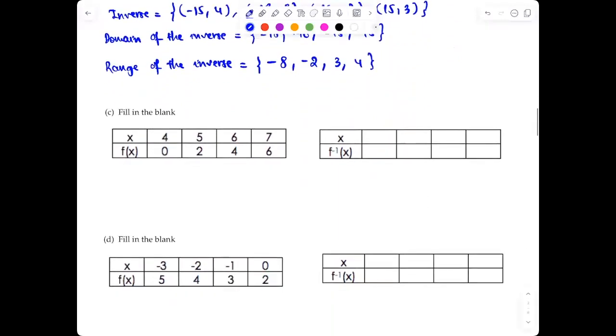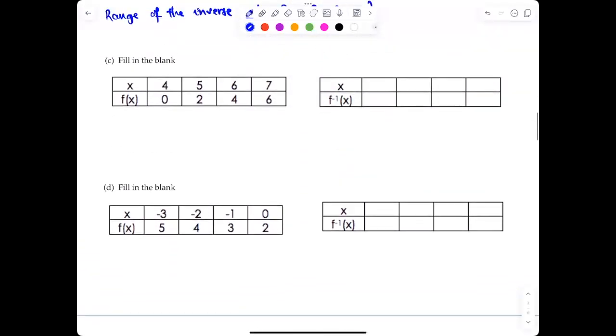Now for problems C and D, it's going to be very similar to A and B. But in this case, everything is written in terms of a table of values. You have x and f of x. These are just one-to-one functions. Now you want to write them in terms of inverse functions. So x becomes y, y becomes x.